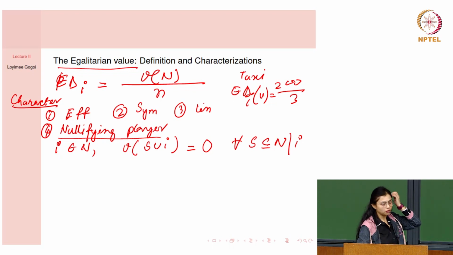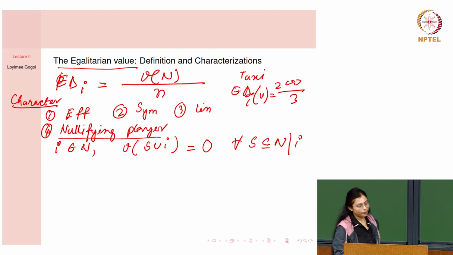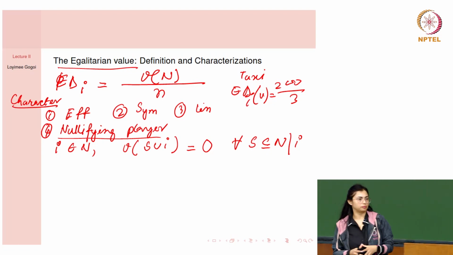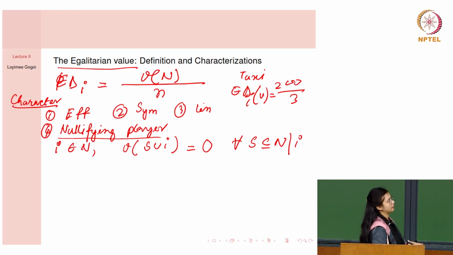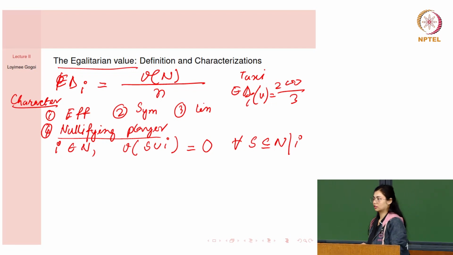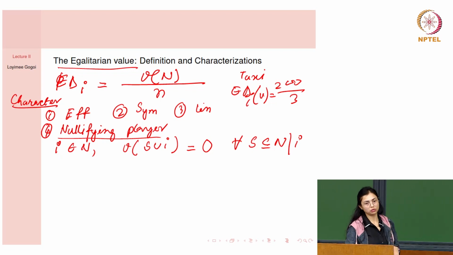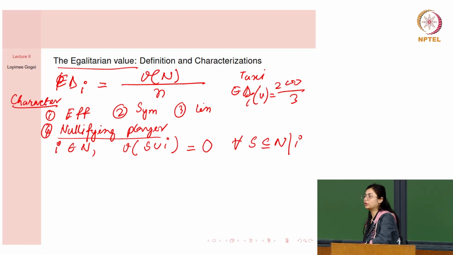So the egalitarian value satisfies these conditions. Together, these axioms, efficiency, symmetry, linearity, and nullifying player, axiomatize the equal division. Okay. So this is about the cooperative game and allocation rules that I wanted to discuss. Do you have any question till now?